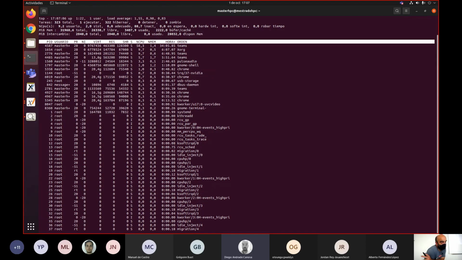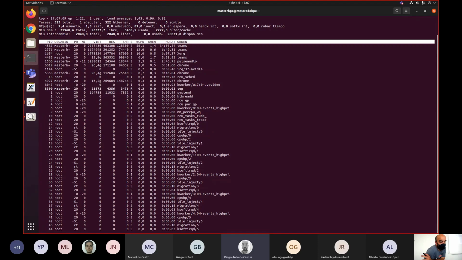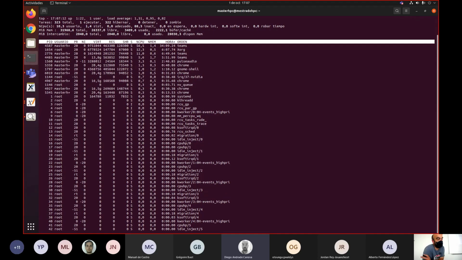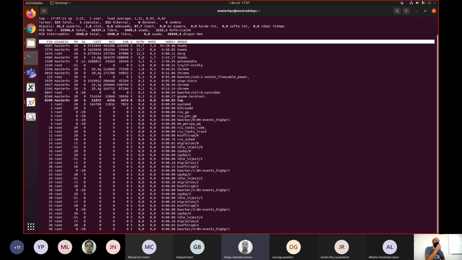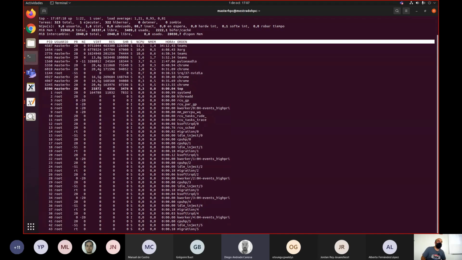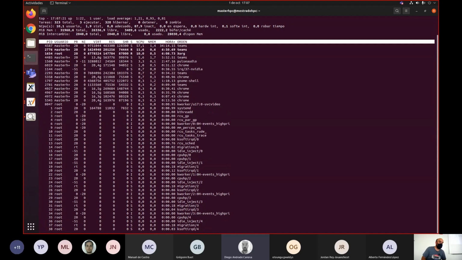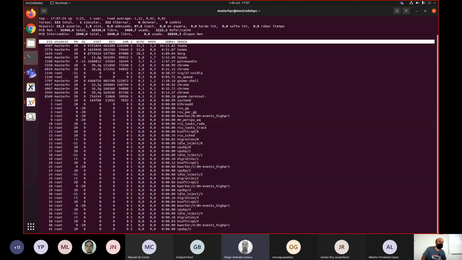I believe that in top, they don't group by threads. But besides processes, some of the programs have several threads executing at the same time.